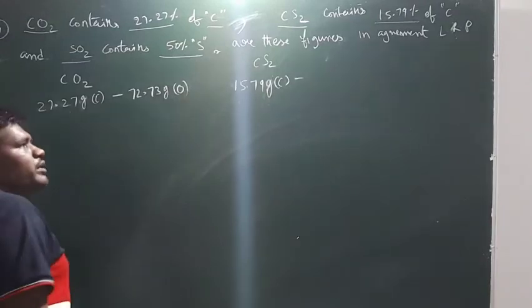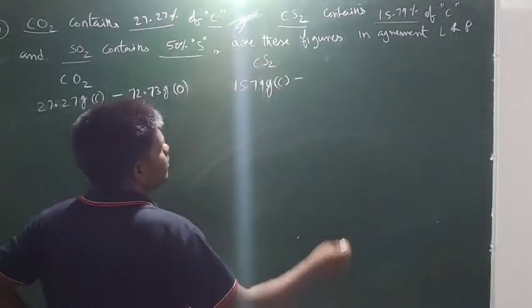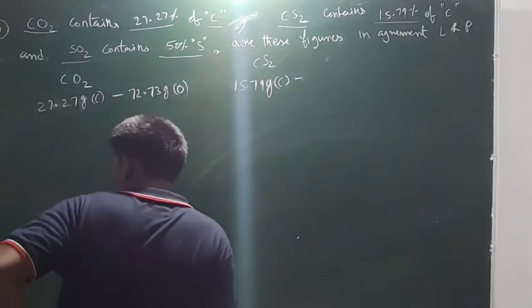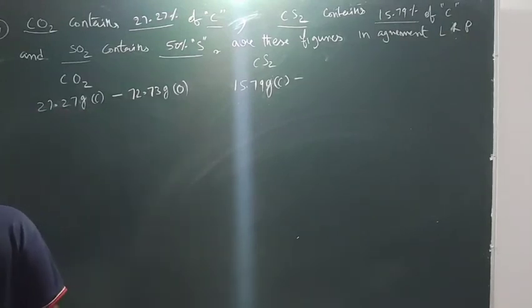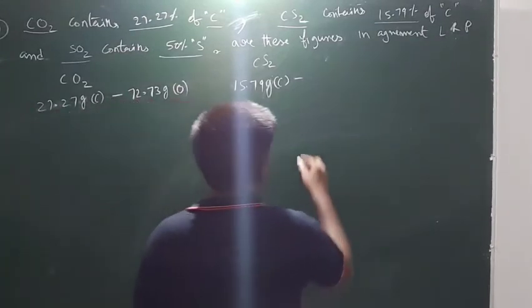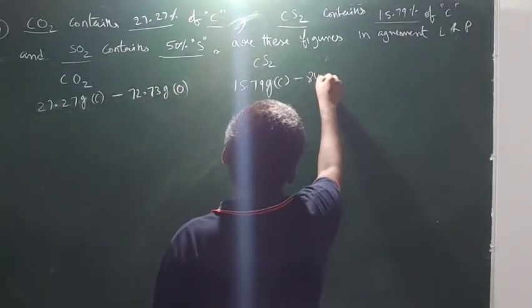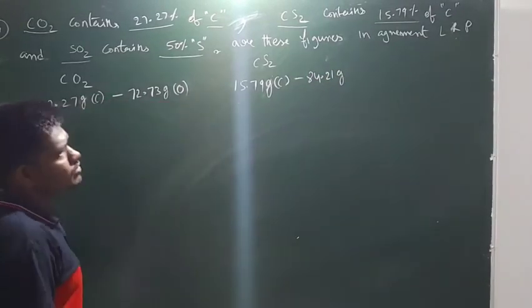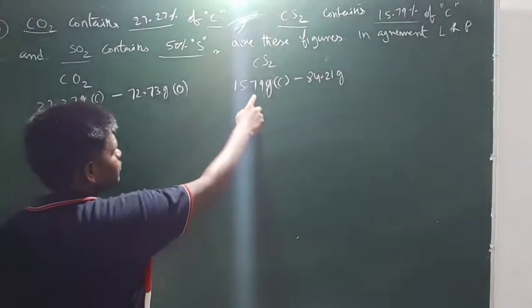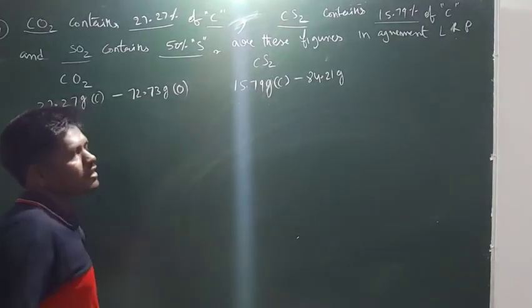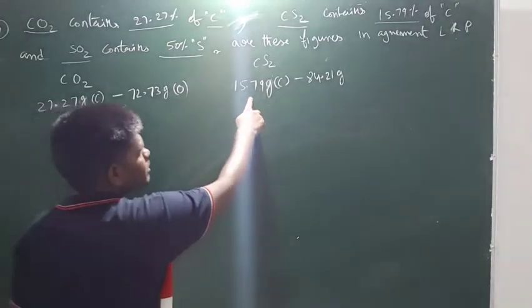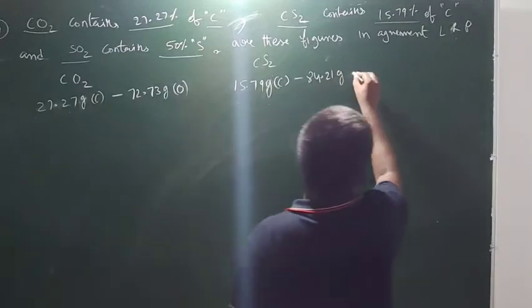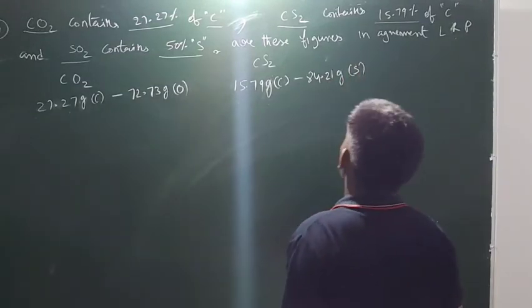Sulfur mass, how can you get? By removing this value from the 100. If you remove that value from the 100, you get 84.21 grams. This is the mass of the sulfur.